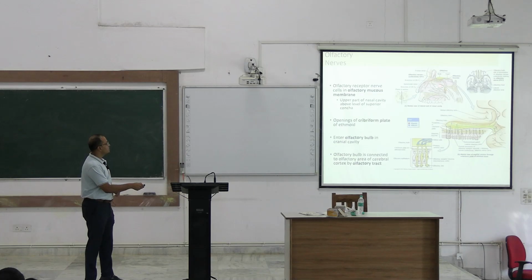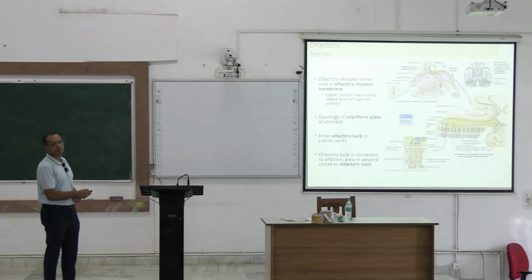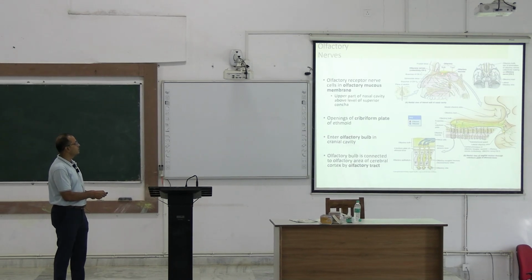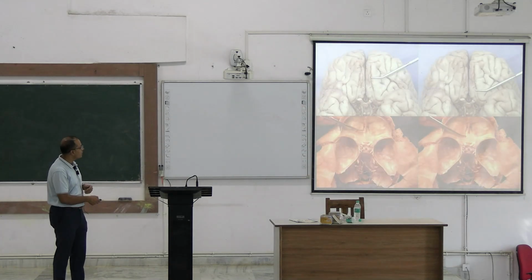These nerve endings pierce this plate, which we call the cribriform plate of the ethmoid. They pierce over here and assemble here to form the bulb of the olfactory nerve. This is the bulb of the olfactory nerve at the base of the brain, and then we have the tract, which we call the olfactory tract, and then the olfactory nerve goes to this particular brain region like this.